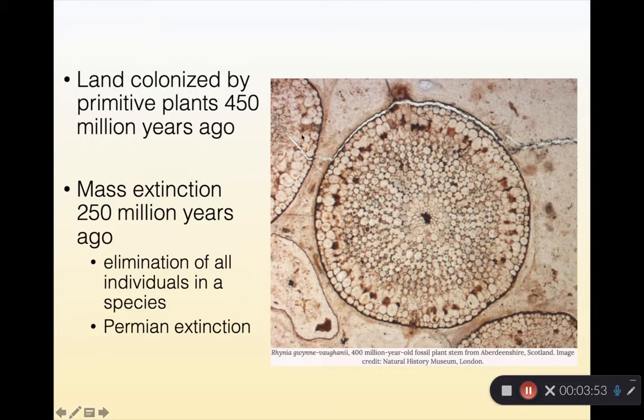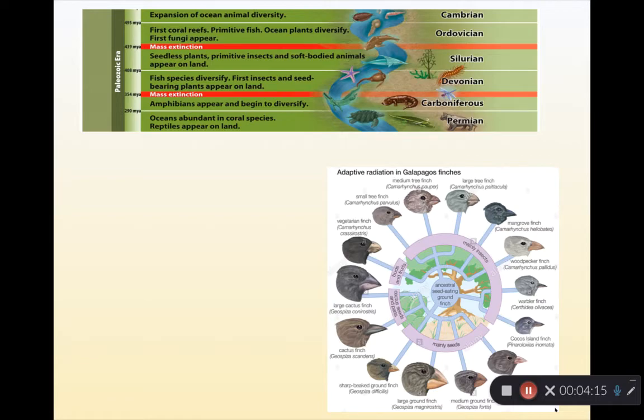But then plants start to colonize the land around 450 million years ago. And then we get these mass extinction events where we are eliminating all individuals in a species. This is the Permian extinction, the very first mass extinction that we talk about in terms of our history of Earth.